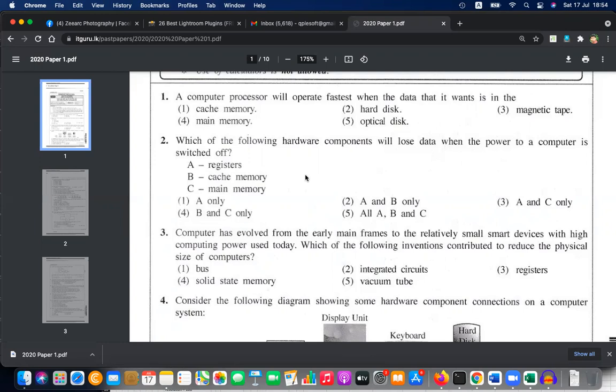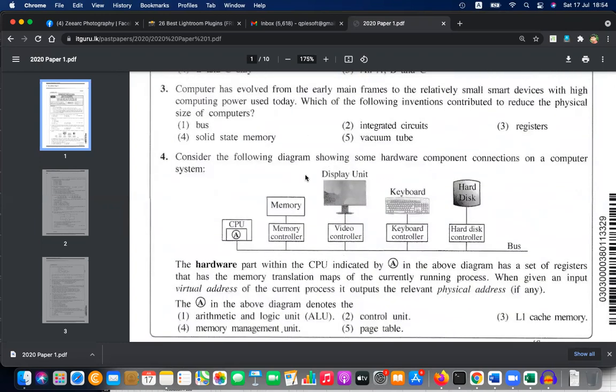Okay, question number 3. Computer has evolved from early mainframes to relatively small, smart devices with high computing power used today. Which of the following inventions contributed to the reduction of the physical size of computers?